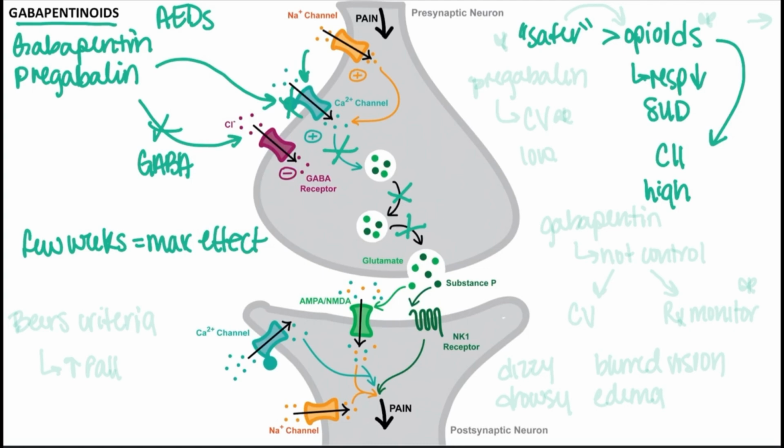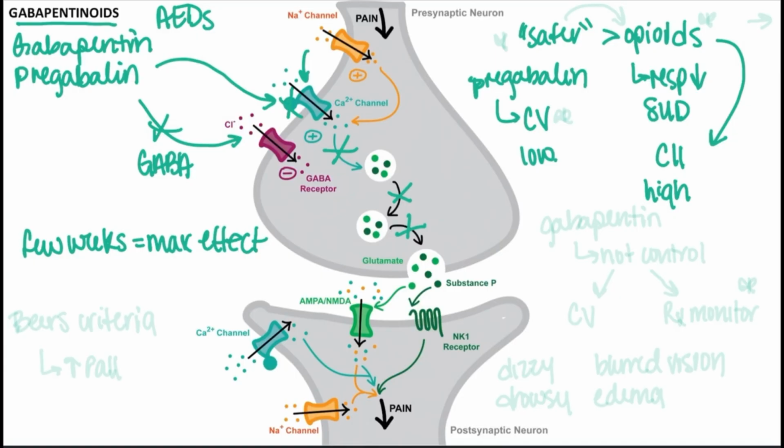Whereas pregabalin is a Schedule 5 drug, where Schedule 5 drugs have the lowest potential for misuse or abuse when compared to all of the other controlled substance schedules. The risk is still there, but much less risk.